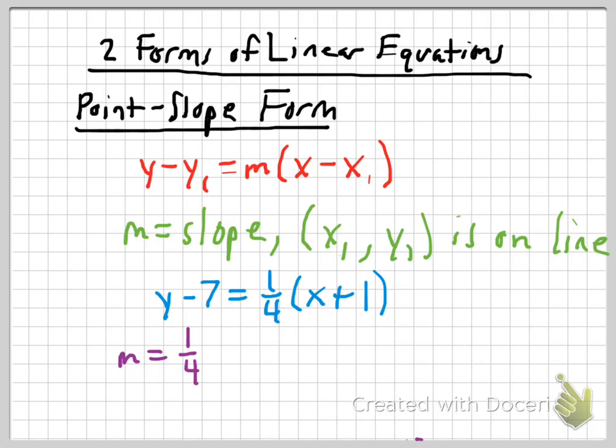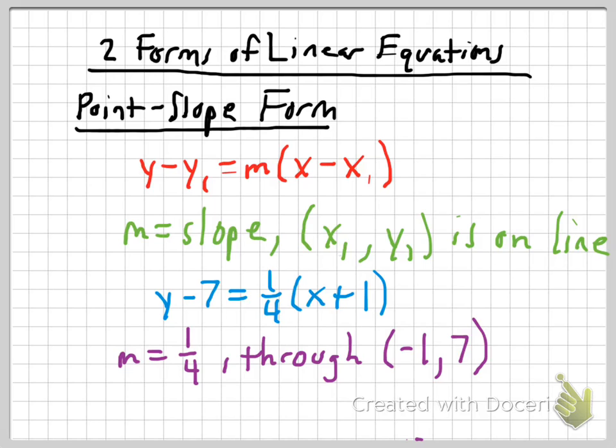That means that this graph goes through the point (-1, 7). You see you're supposed to have x minus x1, and x minus -1 is the same thing as +1, right? And then you see here y minus 7, well, that was what our y1 was. So slope-intercept form, point-slope form, both very useful in writing the equation of a line.